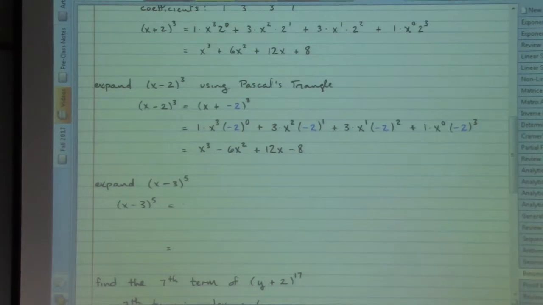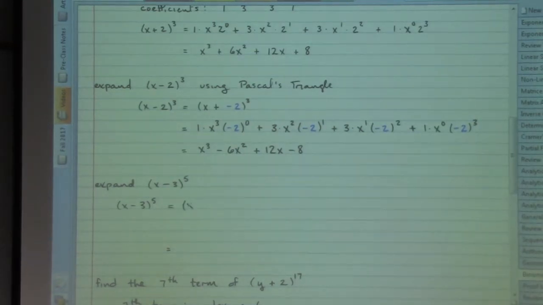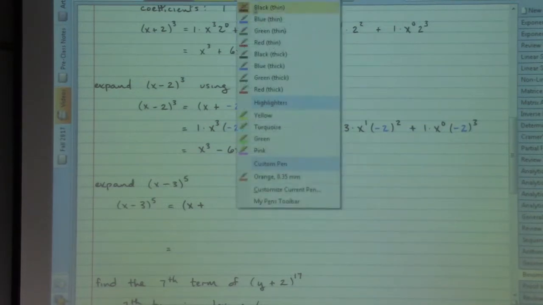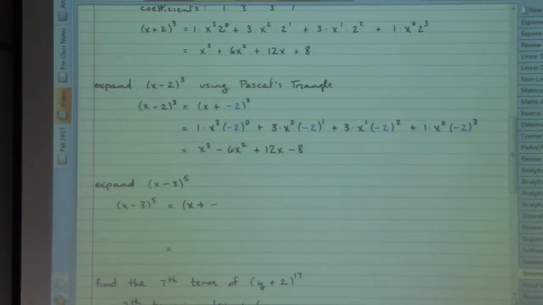Let's go ahead and start out with just that quick comment about how we're going to make a quick tweak on that. We need our binomial to say x plus, and so that would mean we would have x plus a negative 3. From here, we're going to start using our binomial theorem.